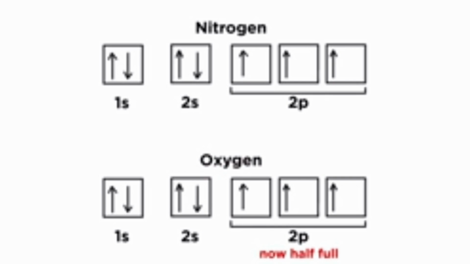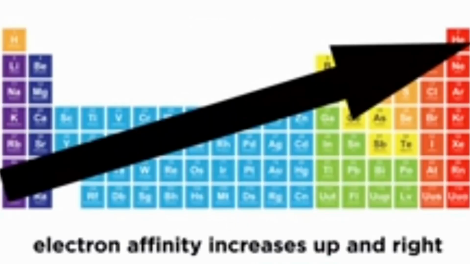Next, electron affinity. This is exactly the opposite of ionization energy. Since ionization energy is how much energy you need to remove an electron, electron affinity tells us how much an atom wants to gain an electron, disregarding the noble gases as their shell is filled. Electron affinity increases this way.